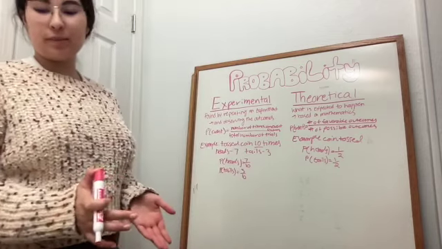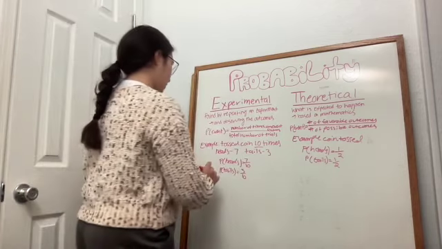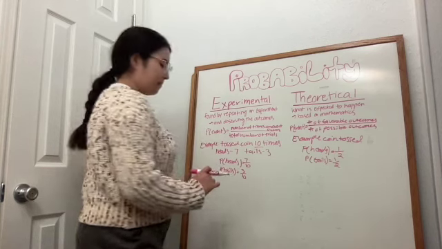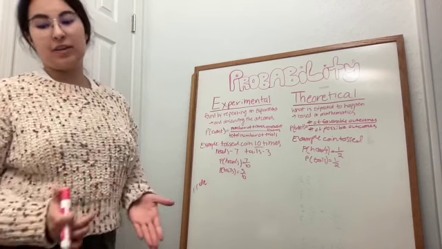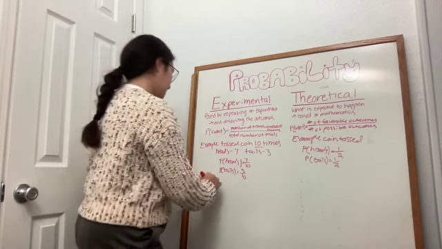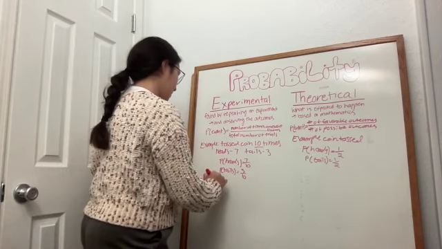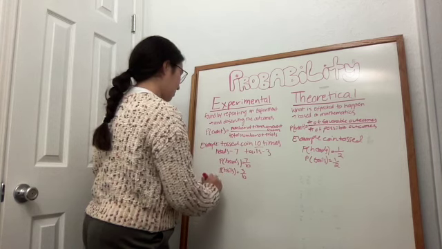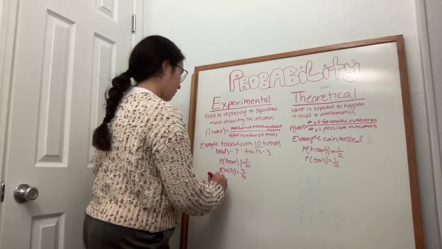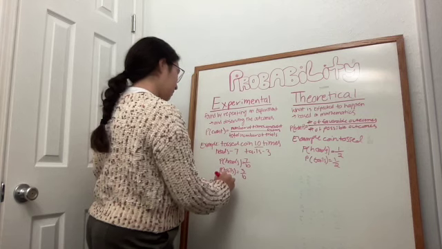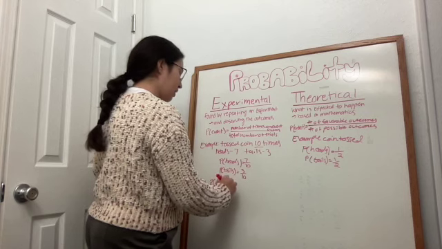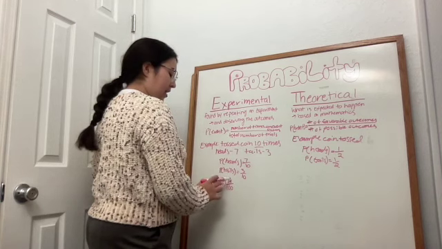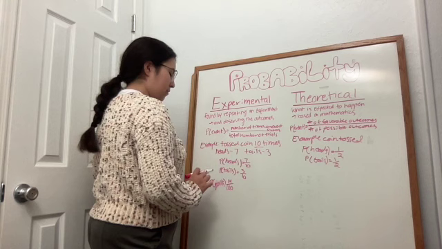So the experimental probability, we have a die here. And we roll this 100 times. So the probability of, we can just say, roll a 5 would be 14 over 100 because we tried 100 times and we got 14 of those.